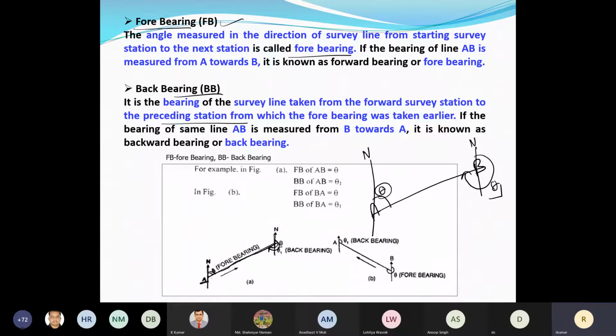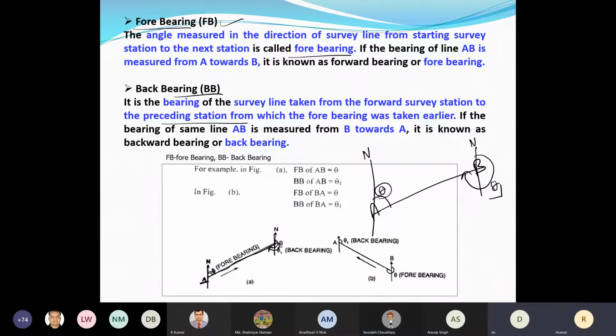Sir, but if we do 360 minus theta, will we call that the back bearing? No. You can do that, but you have to measure with the prismatic compass. But since you said if we go from A to B, then theta is the fore bearing, can we call 360 minus theta the back bearing?